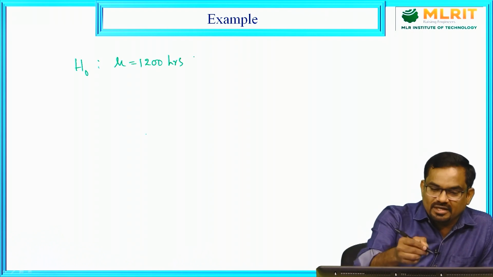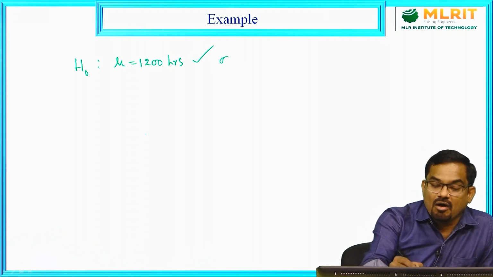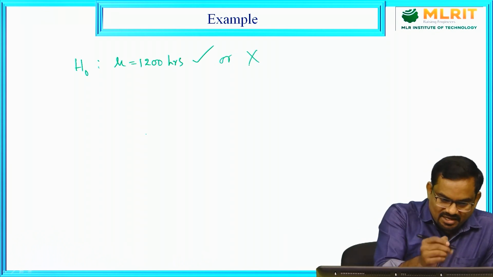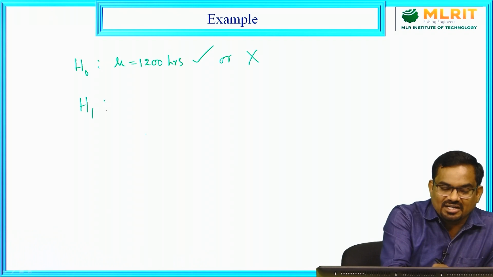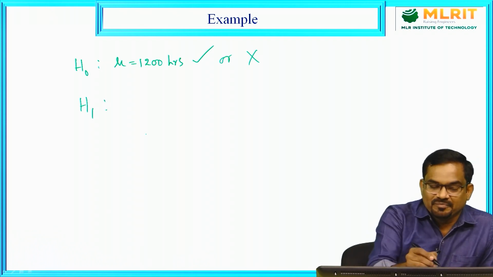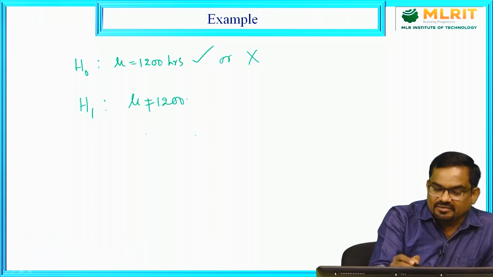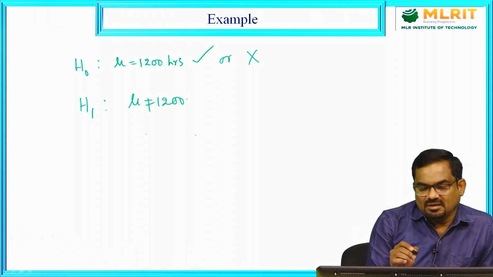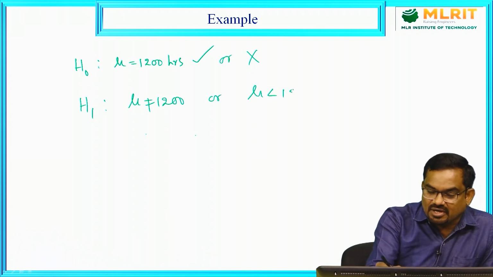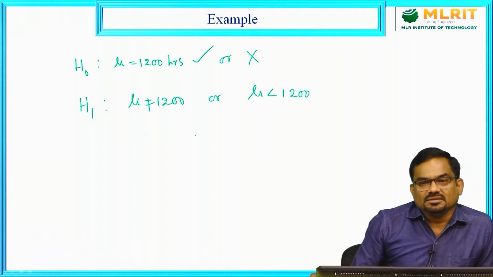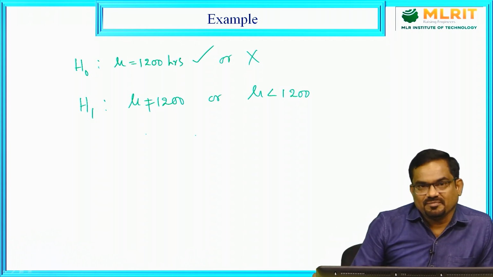Now, we have to check whether this statement can be accepted or rejected, and then we test this null hypothesis against the alternative hypothesis H1 such that mu is not equal to 1200. This is one of the problems, or sometimes mu less than 1200. The mean lifetime of tube lights is less than 1200 hours.